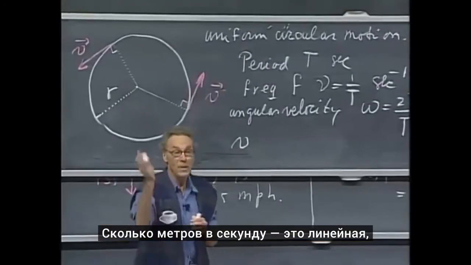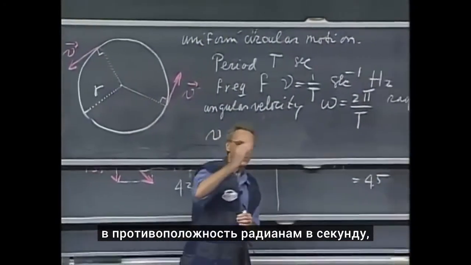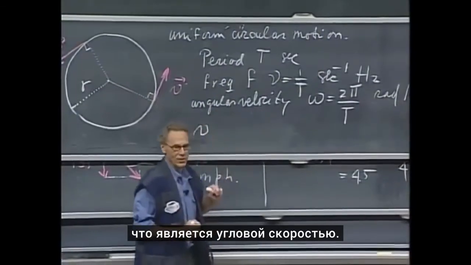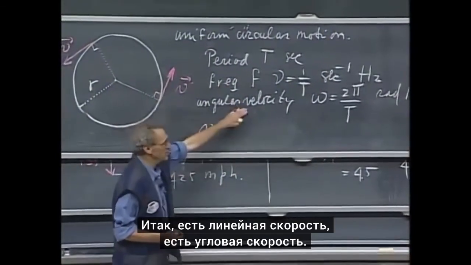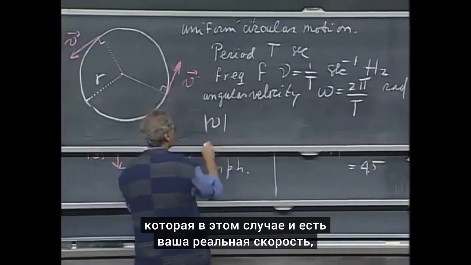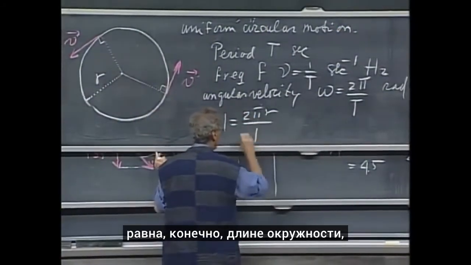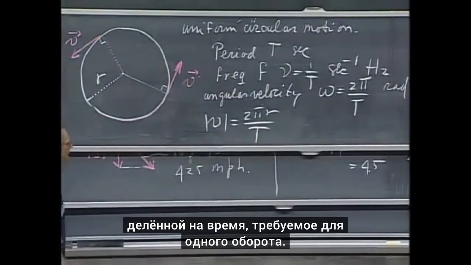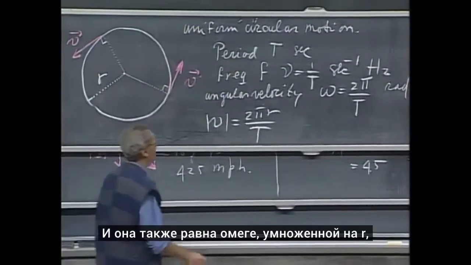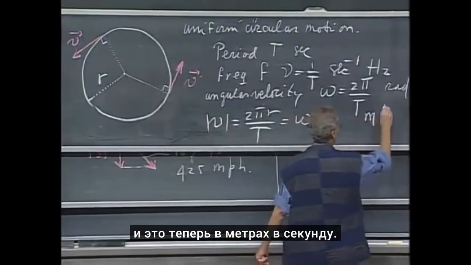How many meters per second is linear as opposed to how many radians per second, which is angular velocity. And that linear velocity, which in this case is really a speed, is of course the circumference of the circle divided by how many seconds it takes to go around. And that is also omega r, and that is in meters per second.